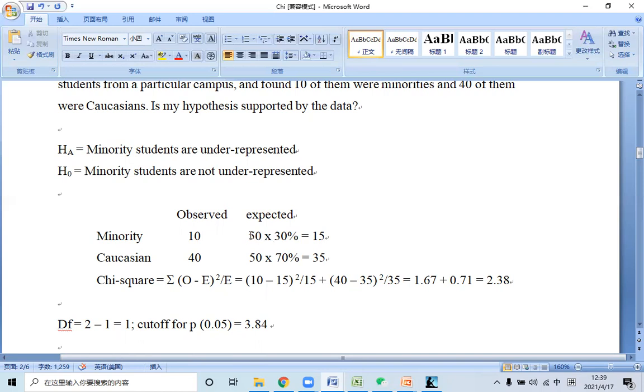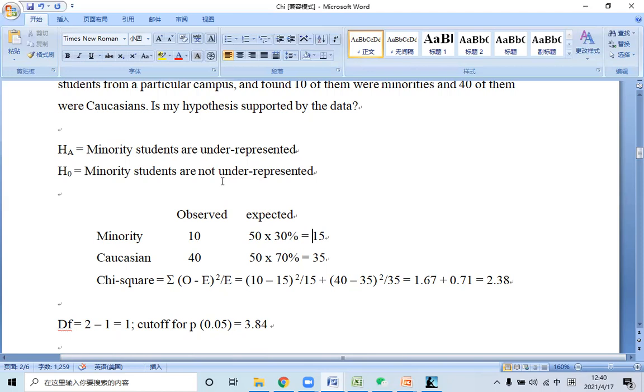And then out of your 50 students, 30% will be minorities, would be non-white. Thirty percent of 50, that's 15. You would be expecting 15 students out of a sample of 50 who are non-white. What is your expected value of the white students?